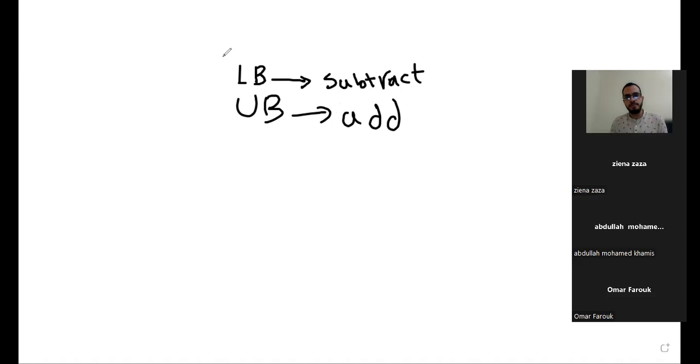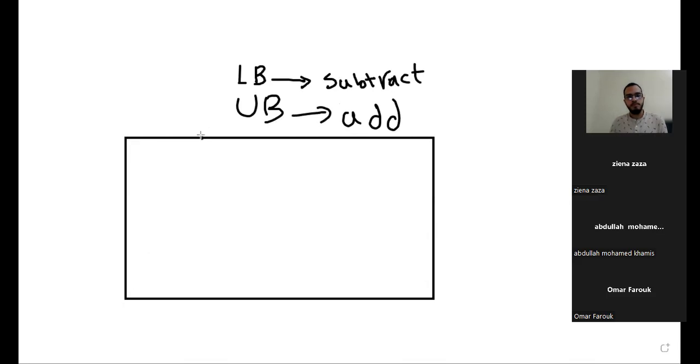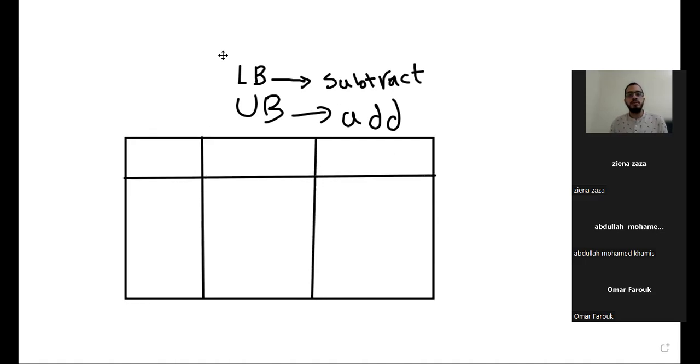I will make a table. So to the nearest whole number, you add 0.5 and you subtract 0.5.